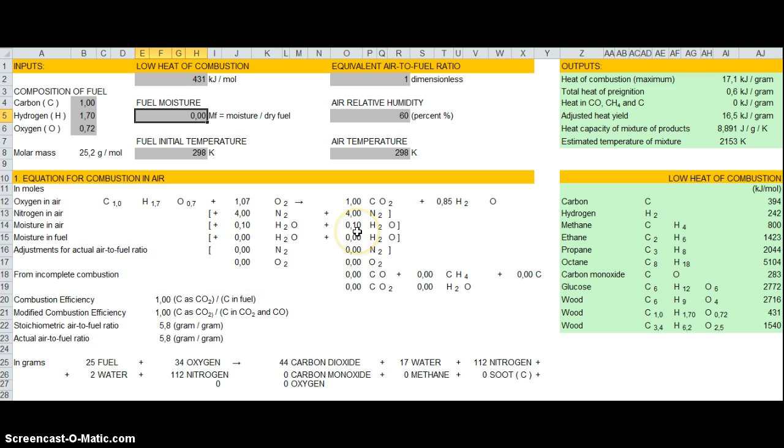But now if you decide to use 100% fuel moisture, it means the same amount of water as dry fuel, you go from 0 to 1 in this cell.